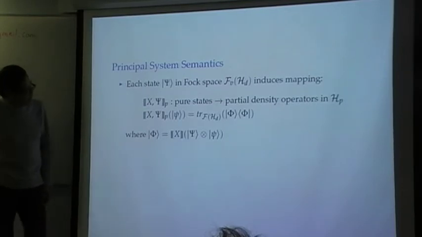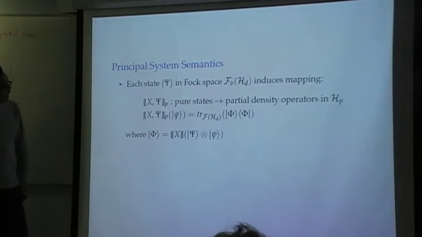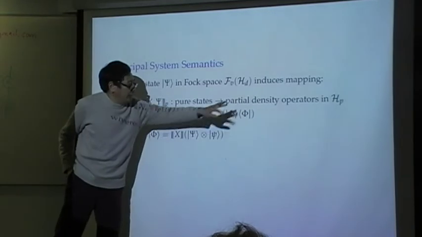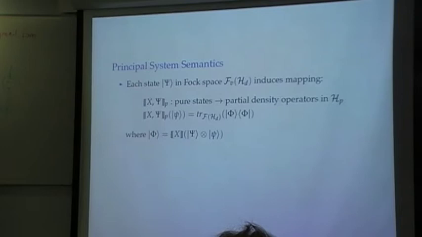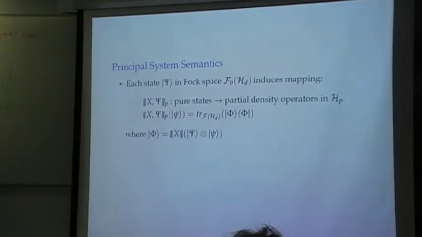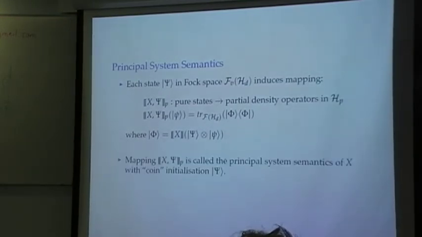We start from big psi tensor small psi, and then we get this ket phi, and then we take the density operator, and then trace out the Fock space. So we get the principal system semantics. This mapping is called the principal system semantics of X with the coin initialization big psi.